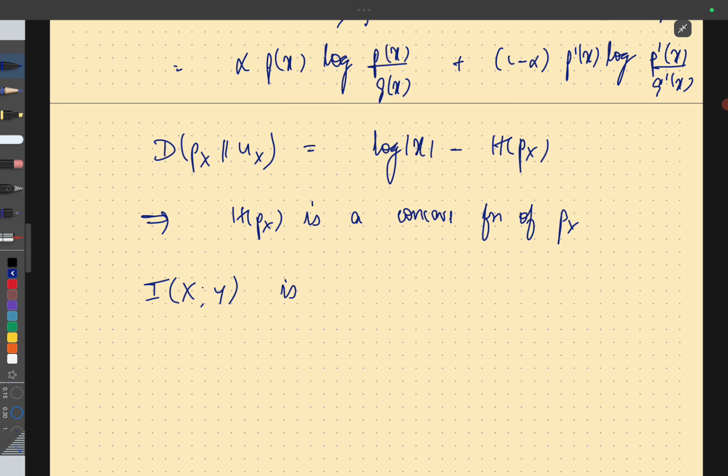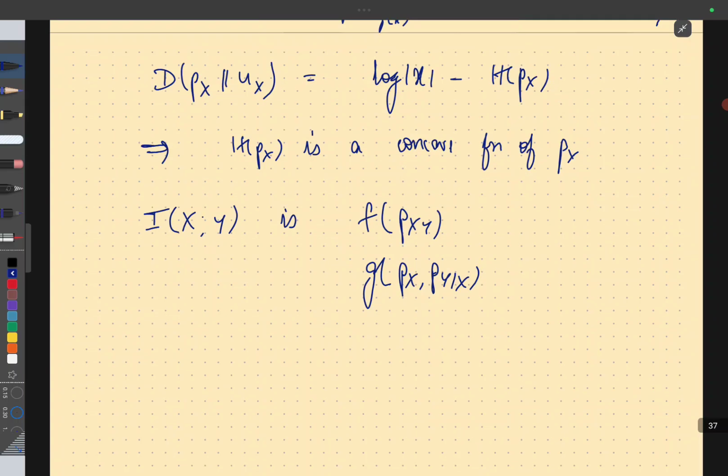Right? So we can view this as some function of Pxy, or equivalently some function of Px as well as Py given x. Because if I specify Px and I specify Py given x, it automatically tells you what the mutual information should be.